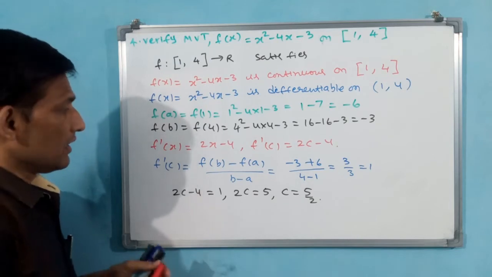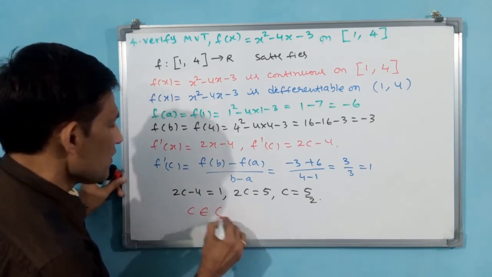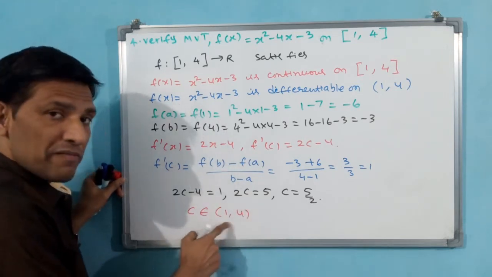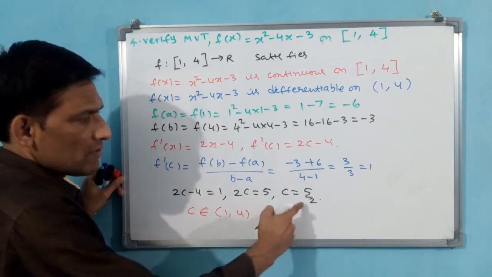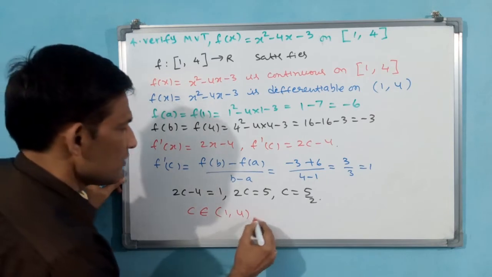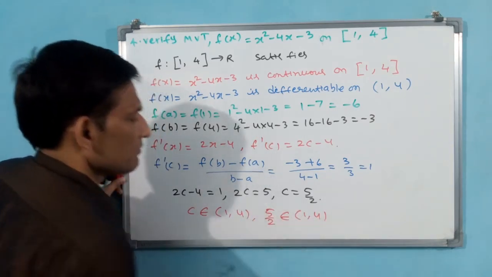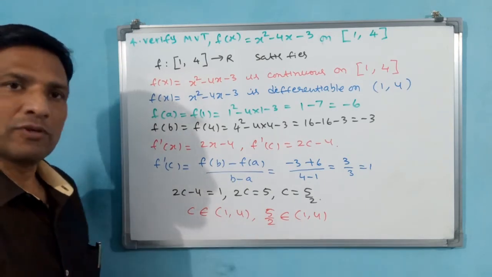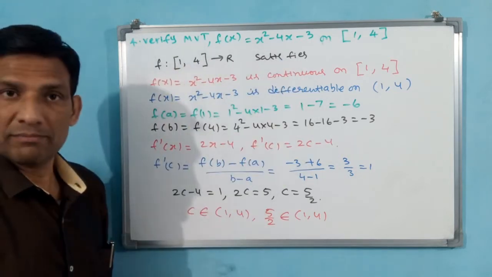But what you have to write finally? c should belong to the open interval (1, 4). That means c should be between 1 and 4. It should not be 1 and it should not be 4. But 5 by 2 means 2.5, and 2.5 is between these only. Then you write down 5 by 2 belongs to (1, 4). 2.5 comes between 1 and 4 only. That is why we can say this function satisfies the mean value theorem.